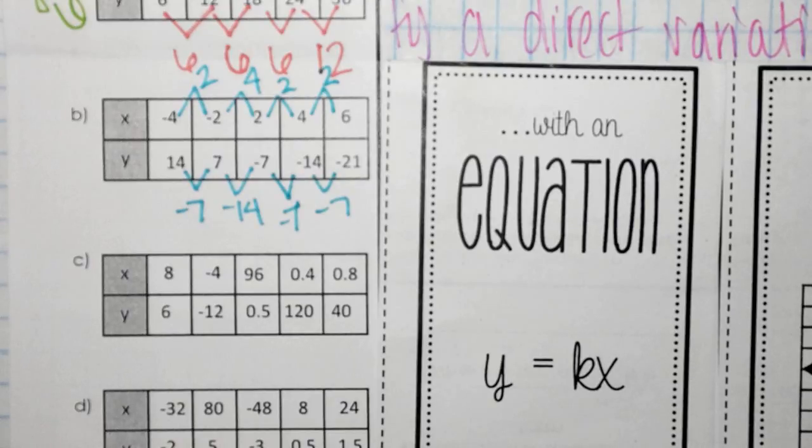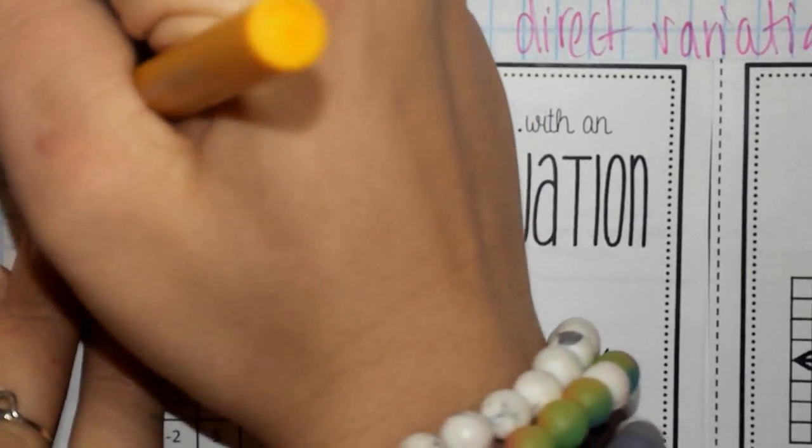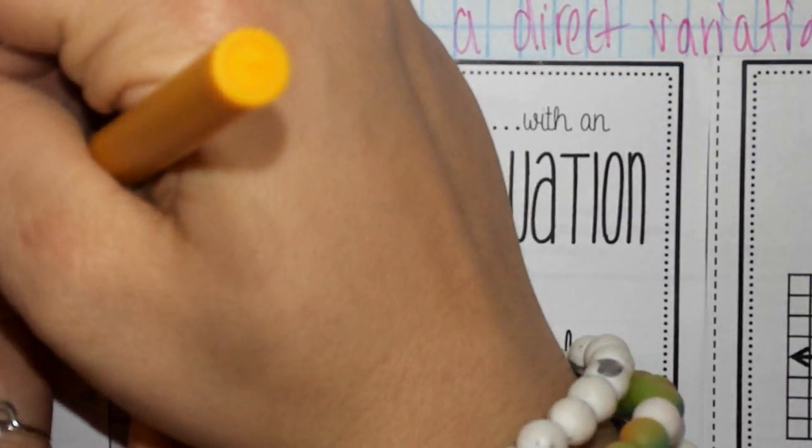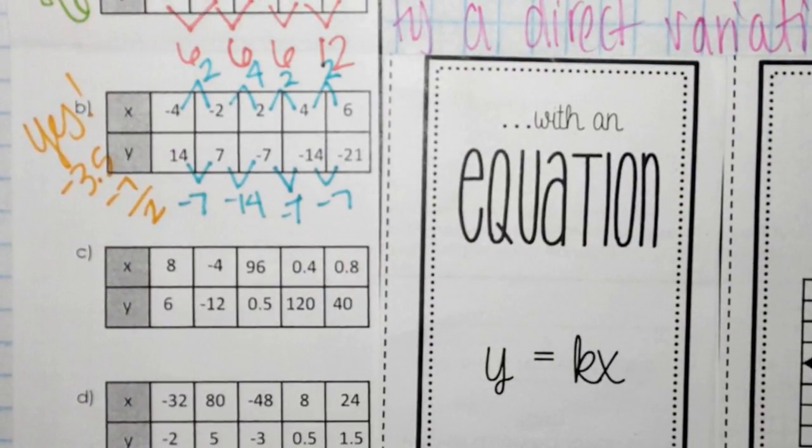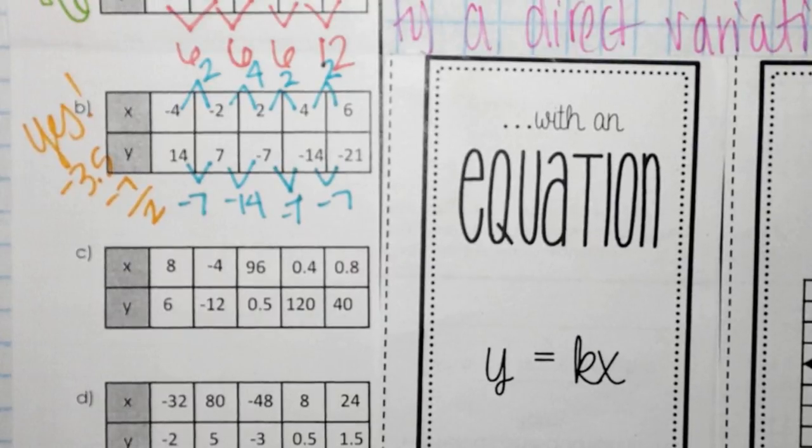What's negative 14 divided by 4? Is it the same thing? So is this a direct variation? Yes, it is. And what is the direct variation? What's our slope? Negative 3.5 or negative 7 divided by 2.